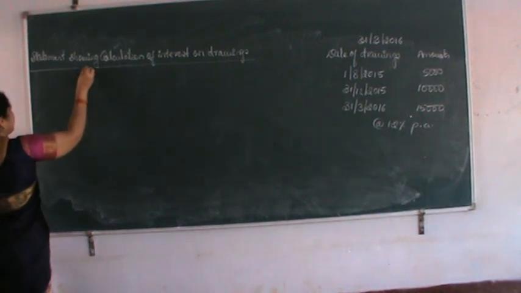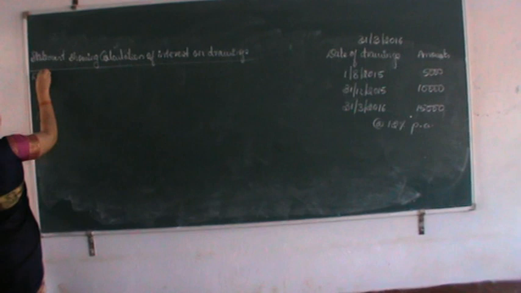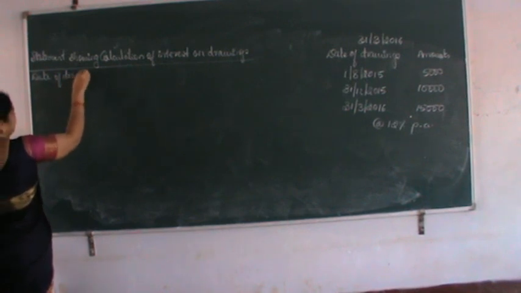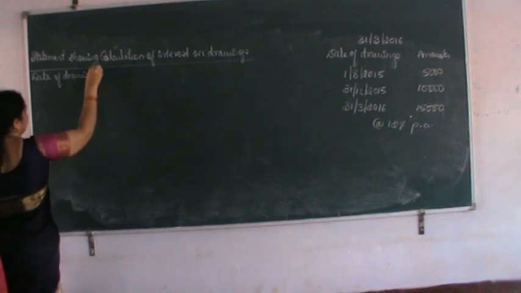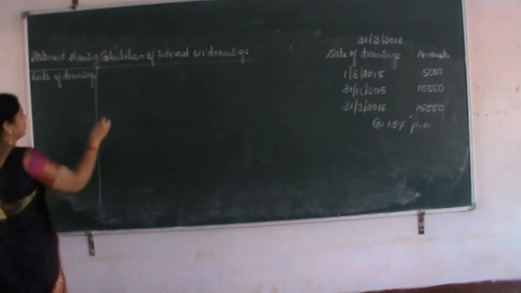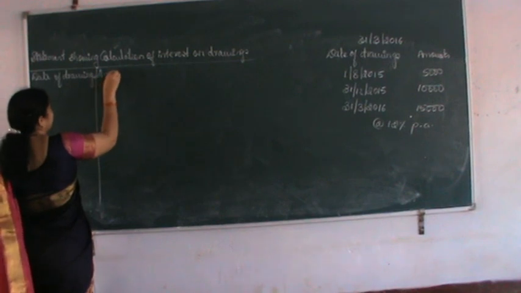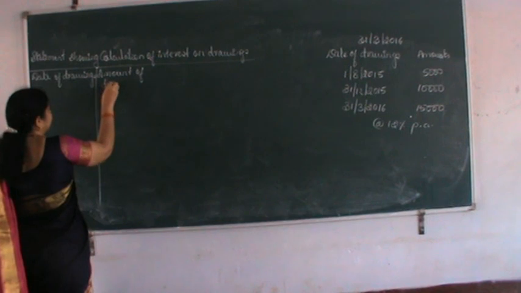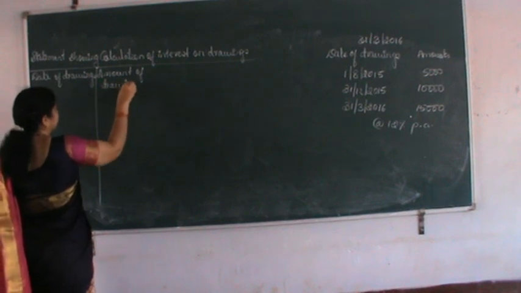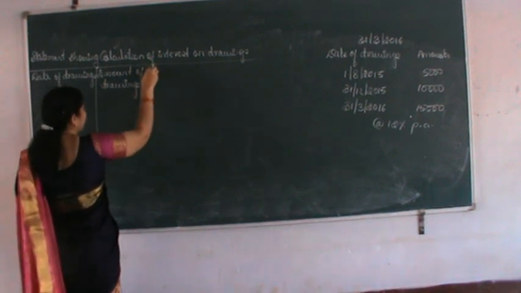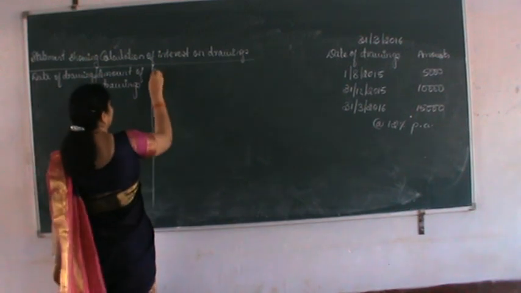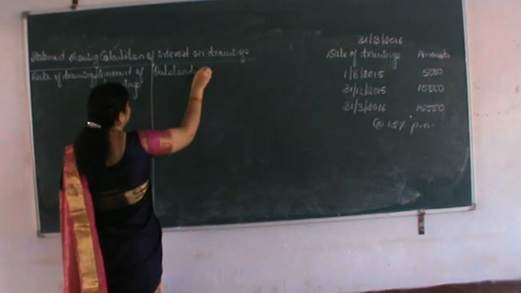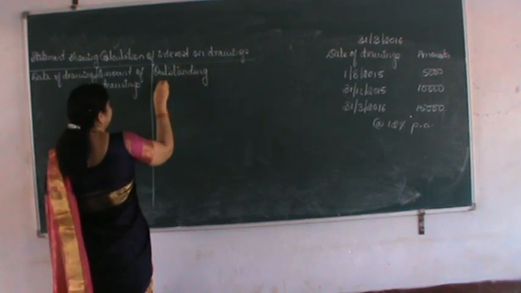So the first column is date of drawing. The second column is amount of drawings. The third column will be outstanding months.